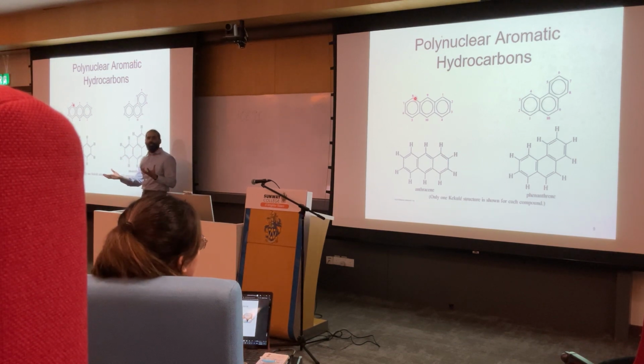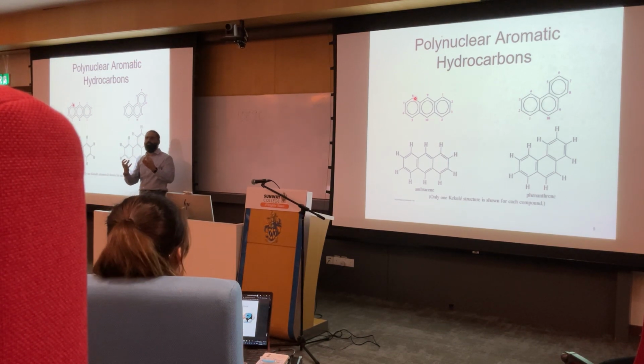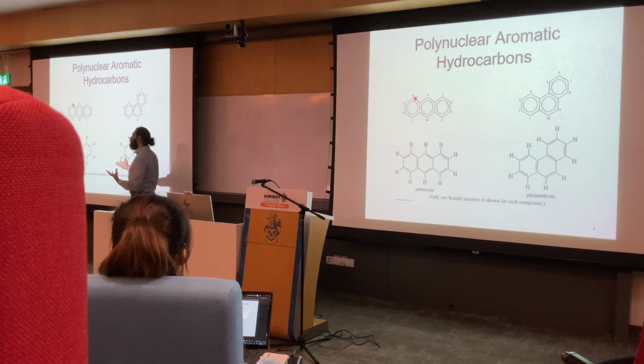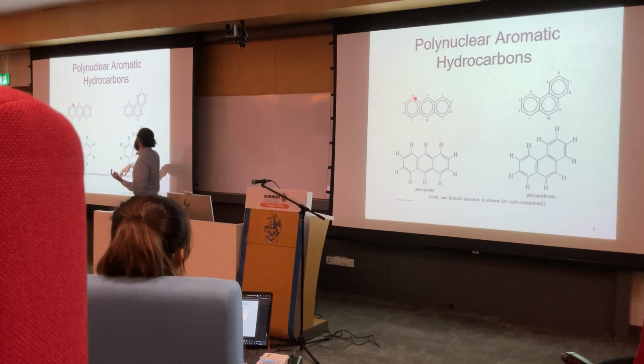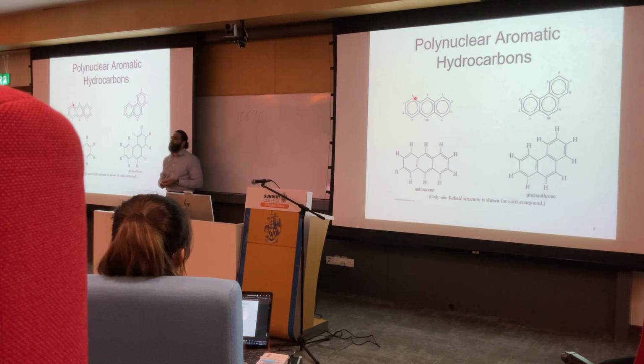It just looks like nature has combined many benzenes together. So some of them are natural, but most of them are artificially made or are side products of the utilization of other things. So polynuclear aromatic hydrocarbons, PAH. This is an important acronym if you are studying environmental chemistry.